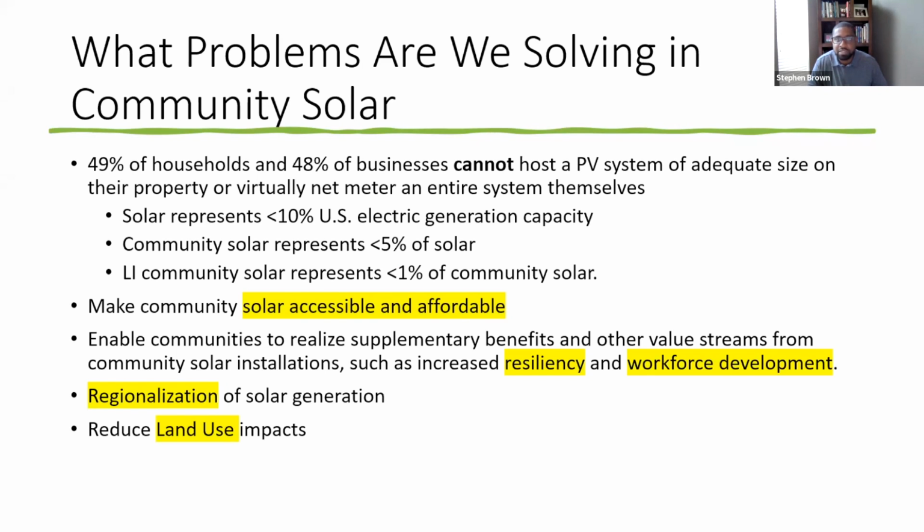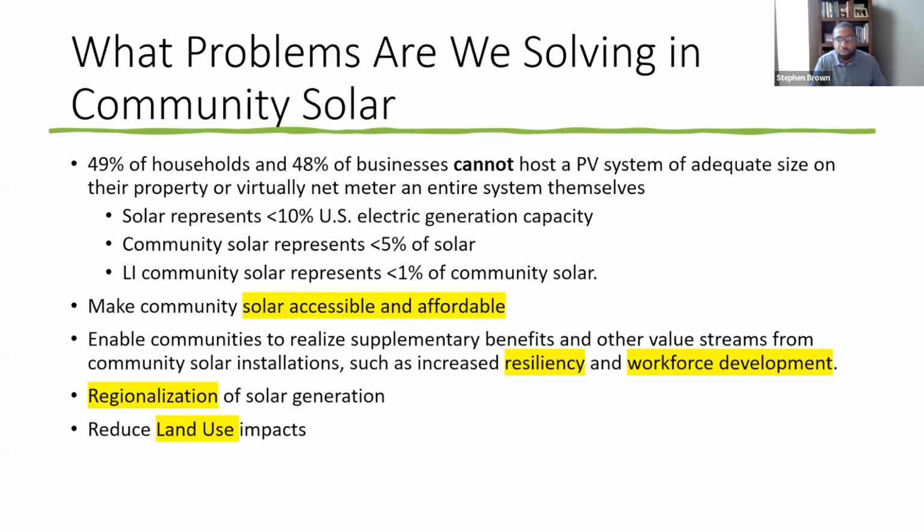And so community solar is an alternative way through which these families will be able to access solar at some off-site facility, but be able to tie that solar to their meter and allow for them to take advantage of the power that's generated on those systems.